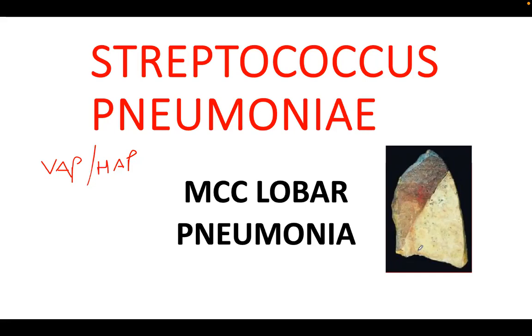Okay, this is now going to be Pseudomonas aeruginosa. Please take note of that. What if I tell you it's a pneumonia which is associated with the fleur-de-lis pattern? It is still Pseudomonas aeruginosa.